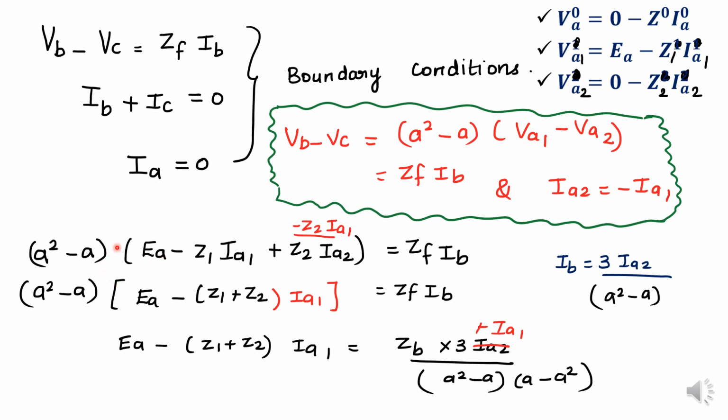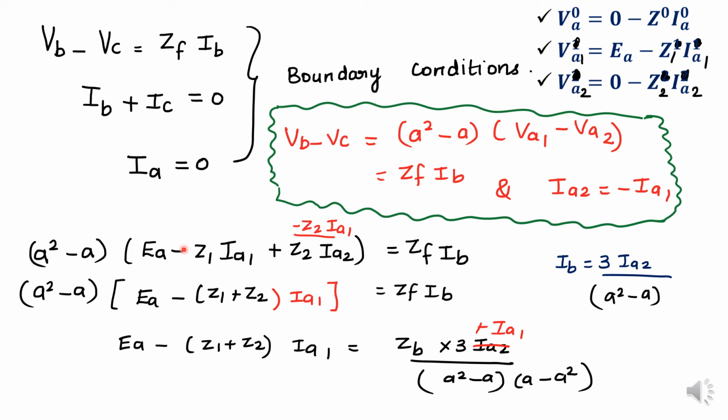Then VA1 is EA minus Z1 into IA1. VA2 is 0 minus Z2 into IA2. This is the symmetrical component of the unloaded generator. I have already derived it, and it is given in the description box.